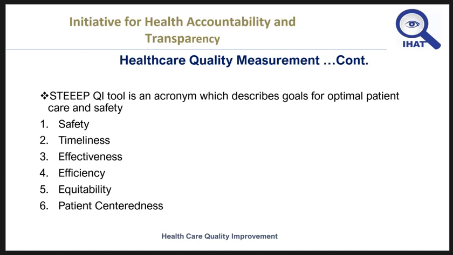We're talking about characteristics such as gender, ethnicity, geographical location, and socioeconomic status. The last P in STEEP here represents patient-centeredness, where we're talking about patients being the focus of care, providing care that is respectful of and responsive to individual patients' preferences, needs, and values.